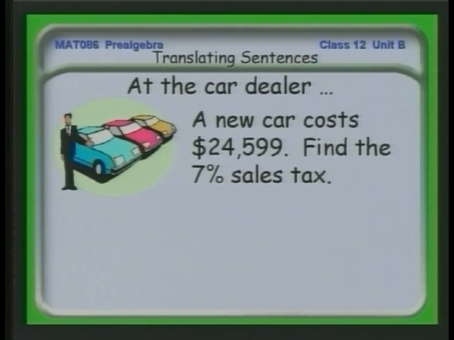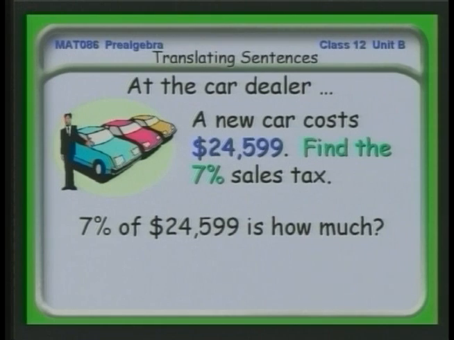We want to find out what that tax is. What we want to do is find 7% of $24,599. We translate this to a simpler equation, and we can say 7% of $24,599 is how much.